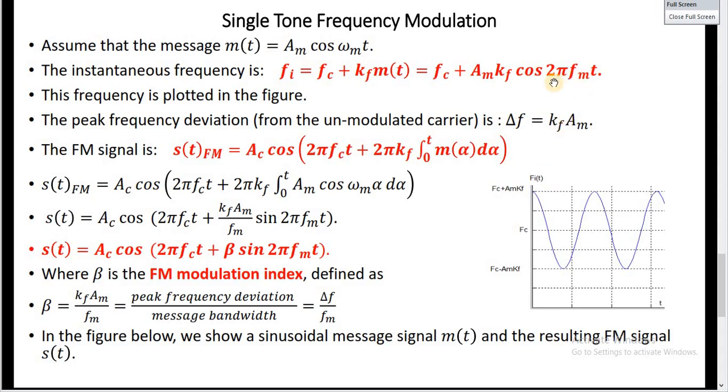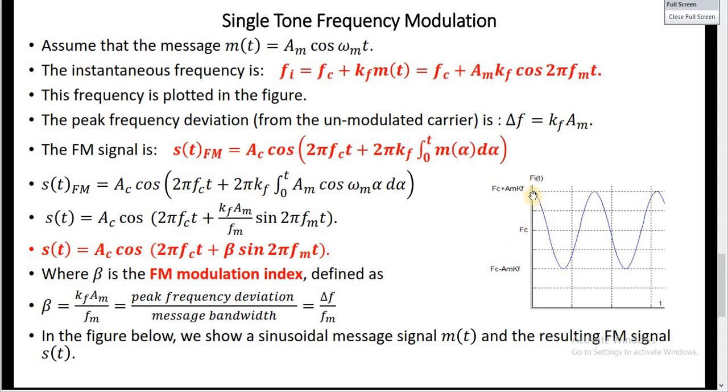Then the message starts to decrease. When it reaches -1, the cosine becomes -1. The instantaneous frequency drops to Fc minus Am times kf. So the maximum value of the instantaneous frequency is Fc plus Am kf. The minimum value is Fc minus Am kf.